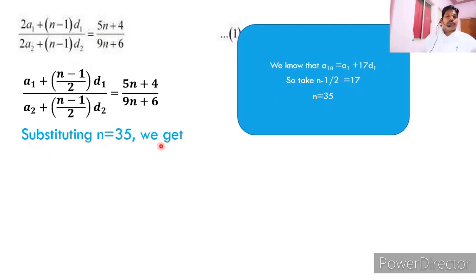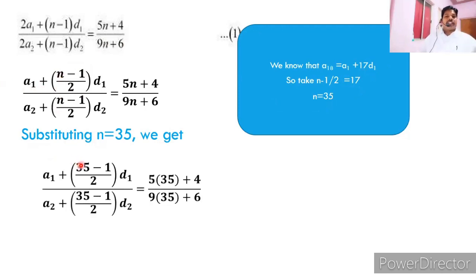What will we get? That is equal to a1 plus n minus 1 by 2 into d1, divided by a2 plus n minus 1 by 2 into d2, with n replaced by 35. That is equal to 5 into 35 plus 4 by 9 into 35 plus 6.